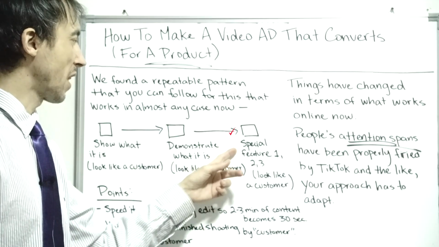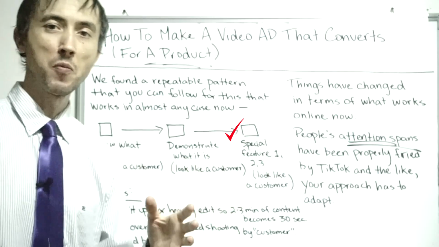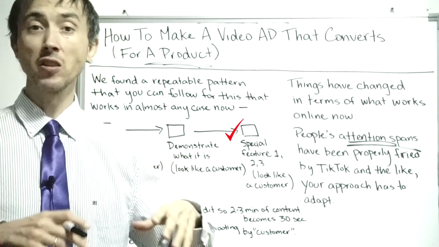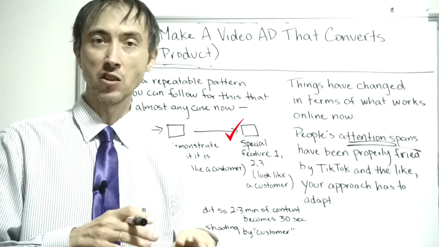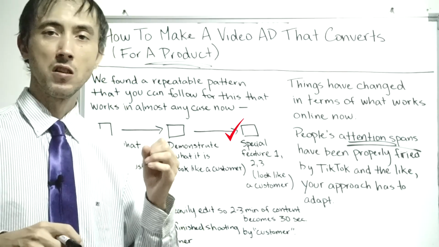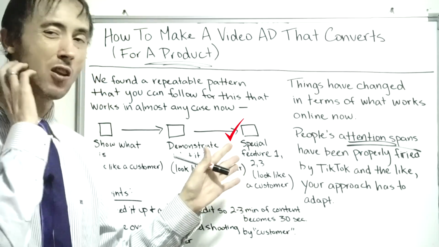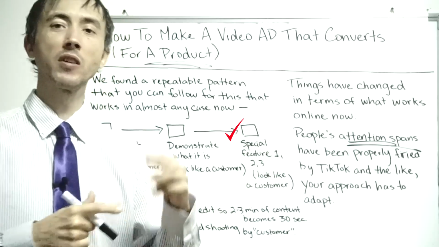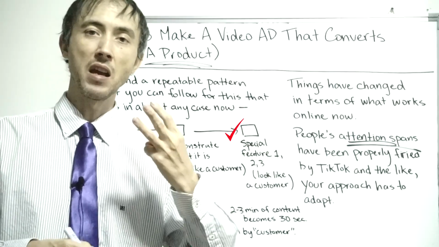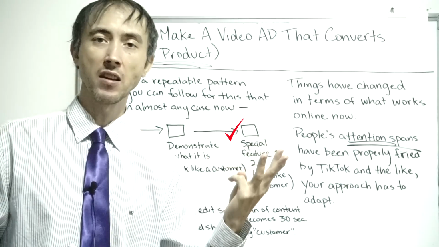And then after that, you transition to the special features of that product. Maybe the football has a special texture on it that makes it easier to grip. You show that. Maybe that football is made of a special kind of leather. You show that. You don't have to go through every main selling point, but what are the top 3 main differentiators that make that product different than any other product?